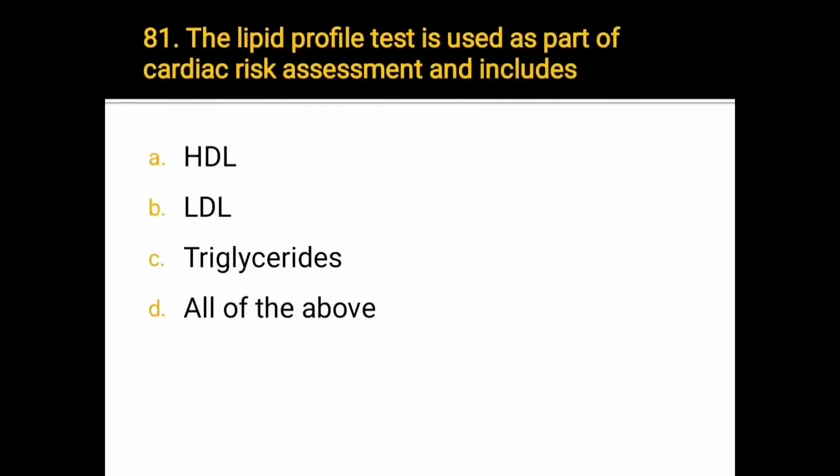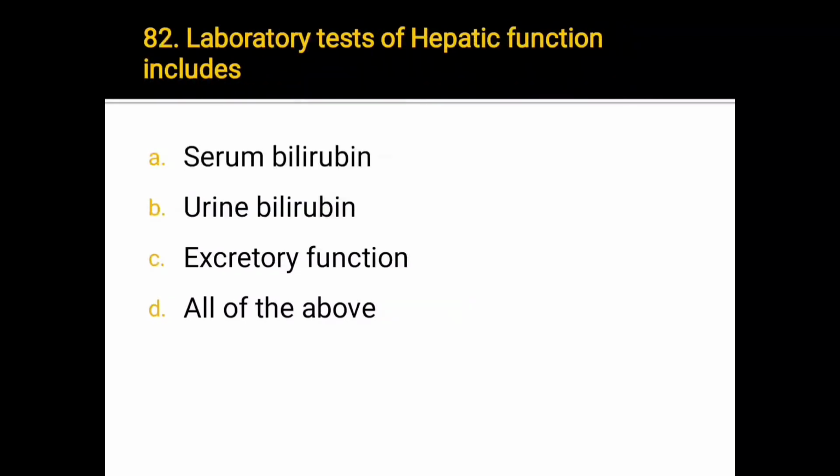The lipid profile test is used as part of cardiac risk assessment and includes A. HDL, B. LDL, C. Triglycerides, D. All of the above. Correct answer D. All of the above. Laboratory tests of hepatic functions include A. Serum bilirubin, B. Urine bilirubin, C. Excretory function, D. All of the above.